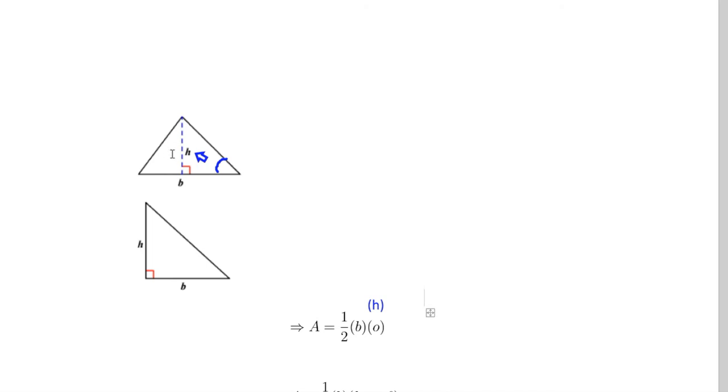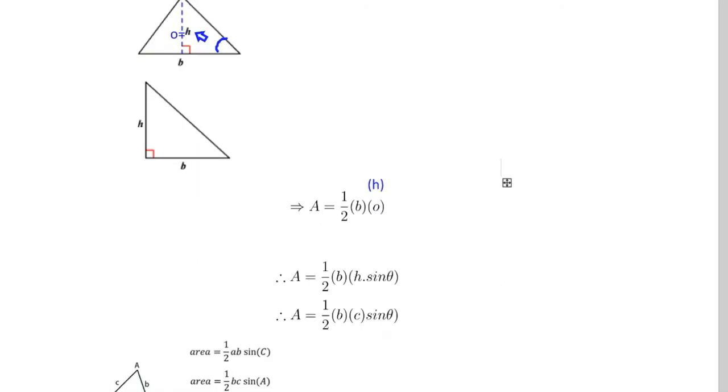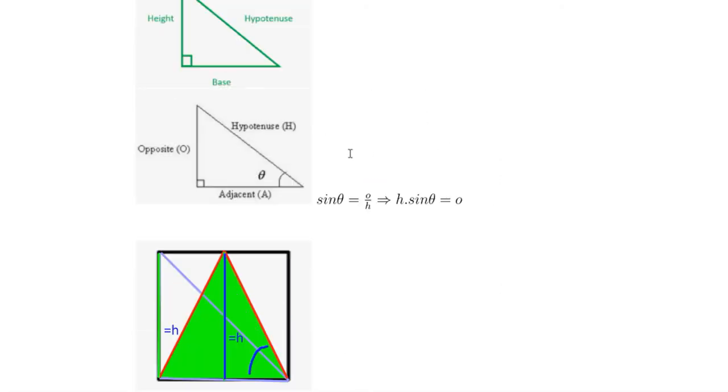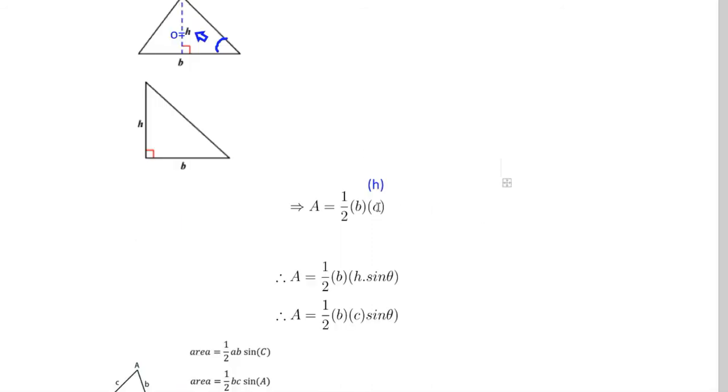So this is equal to the opposite side of that angle. Now, given that that is the case, and we worked out in the last lesson that sine theta is opposite divided by hypotenuse, multiply both sides by h, you get h sine theta equals opposite. I can then say opposite is h sine theta. There is nothing stopping me from making that claim, as in these circumstances it is true. So there we have half base times h sine theta.